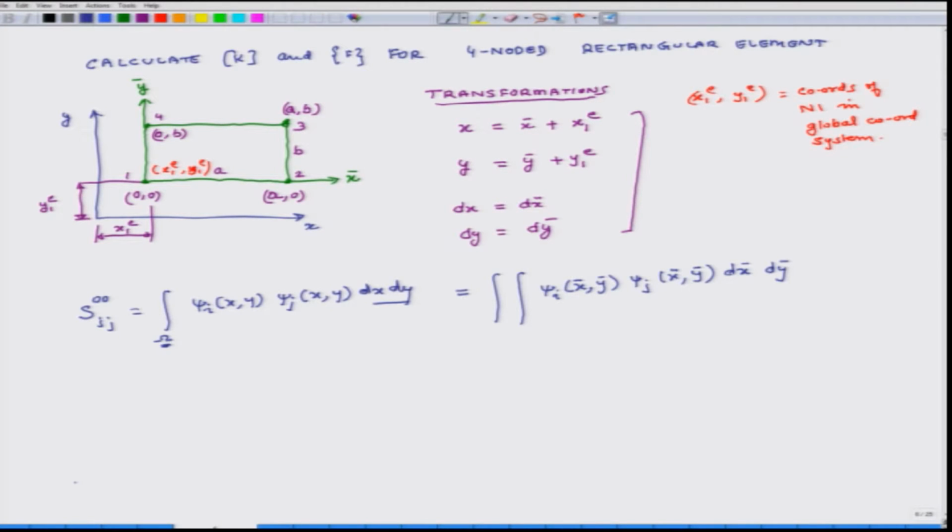My limits are in the local coordinate system. So, my initial limits, for a rectangular element, I have to integrate two times. So, the integration would have happened from x1 to x1 plus a and y1 to y1 plus b, and because this is the eth element, I have to put superscript e everywhere.